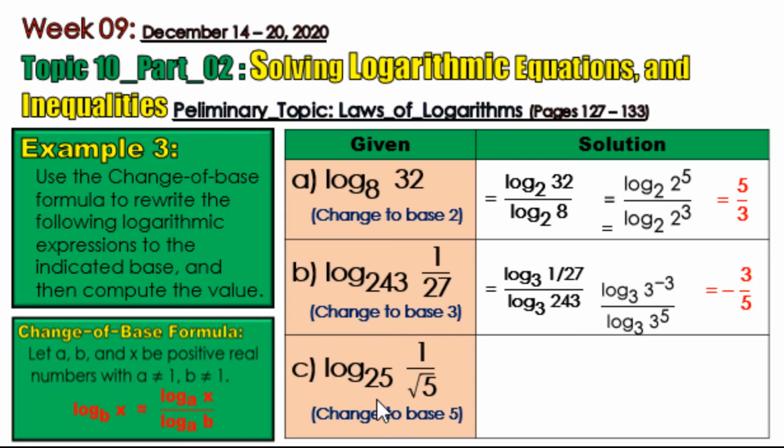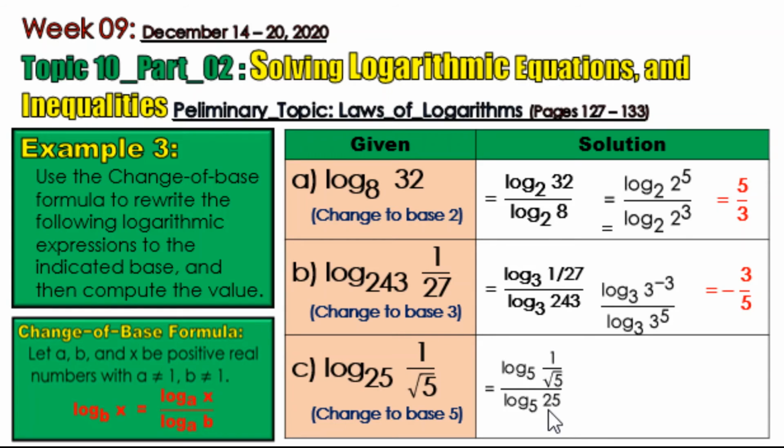And for letter C, we have the logarithm of 1 over square root of 5 to the base 25. Applying the change of base formula, we have this expression. We will be expressing 1 over square root of 5 so that we can have the base of 5, so that we can get the value of that by applying the basic properties of logarithm.